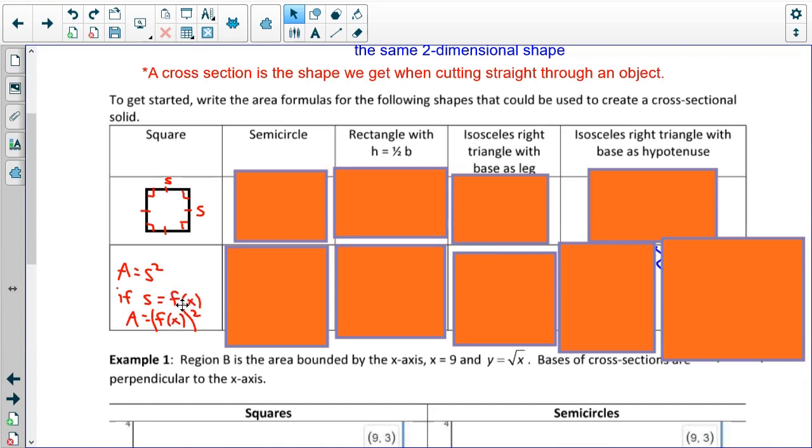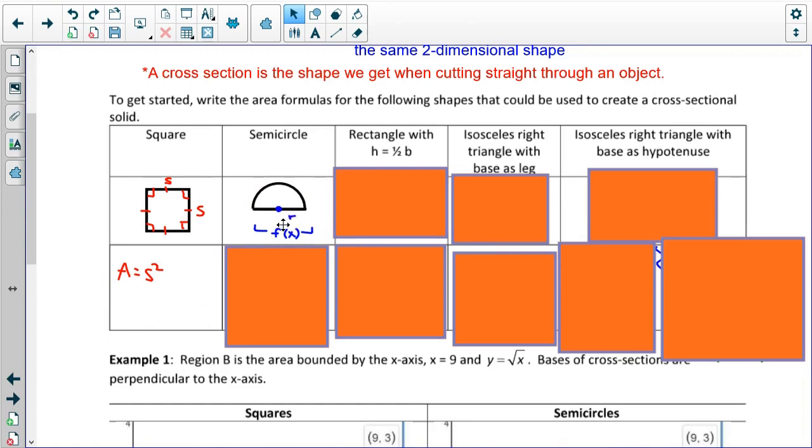And so you don't have to write down these parts because this is going to be different all the time. I'm just giving you an example of what would happen if I substituted in f of x for s. And f of x may end up being the difference between two functions or something. But I'm just kind of showing you what it would look like. A semicircle, typically the radius is half the diameter.